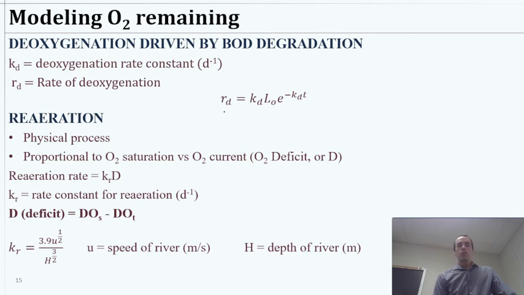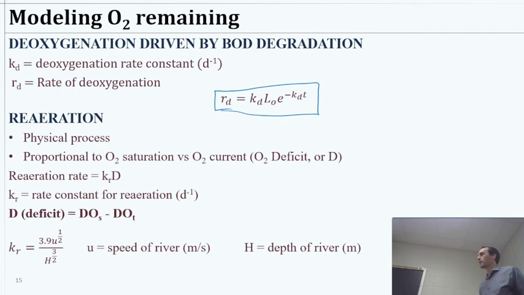Okay, so we've got this equation for the deoxygenation. We'll be able to solve for something about L naught if we have to, or maybe that's known. So that's all the deaeration, or deoxygenation, there.